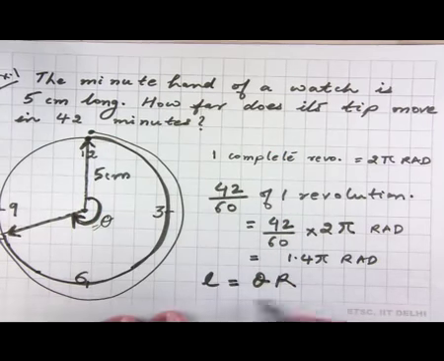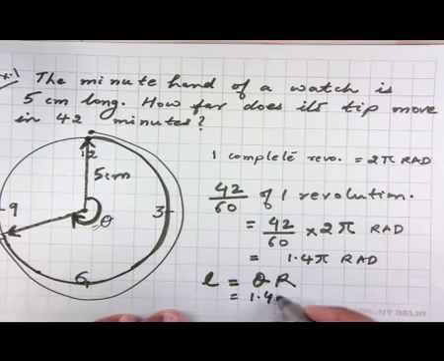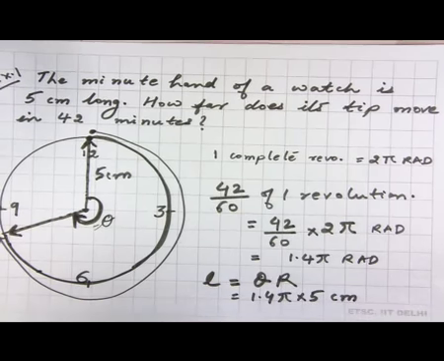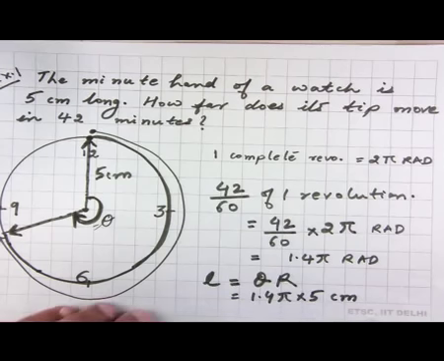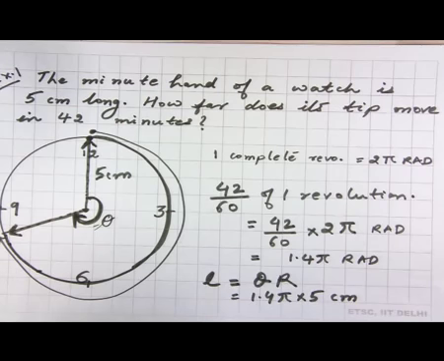So, the answer is equal to 1.4 pi times 5 centimeter, and if you use pi equal to 22 by 7 as an approximation, then you will get 1.4 times 22 by 7 times 5 centimeter, which is going to be equal to 22 centimeter.